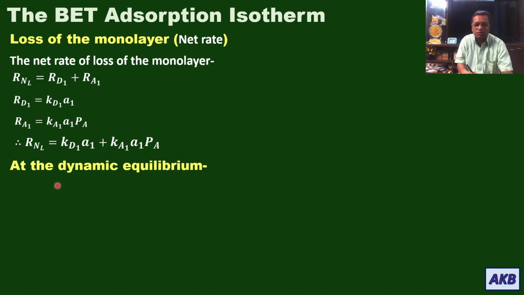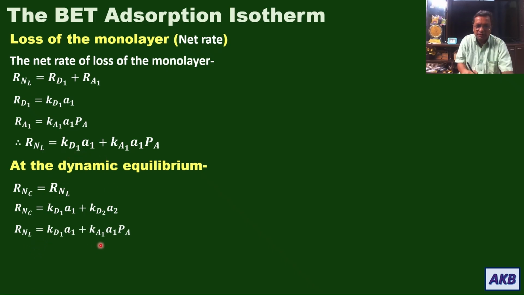Now let us talk about the dynamic equilibrium. At dynamic equilibrium, the net rate of creation of the monolayer is equal to the net rate of loss of the monolayer. We got the equation for RNC, KD1 into A1 plus KD2 into A2, and now we got the equation for RNL, which is KD1 into A1 plus KA1 into A1 into PA.